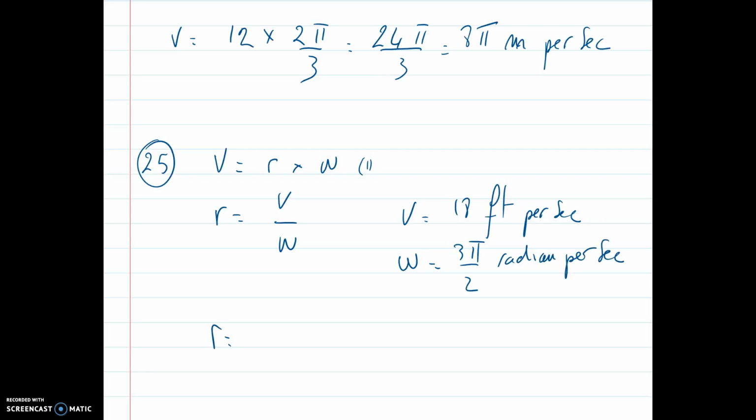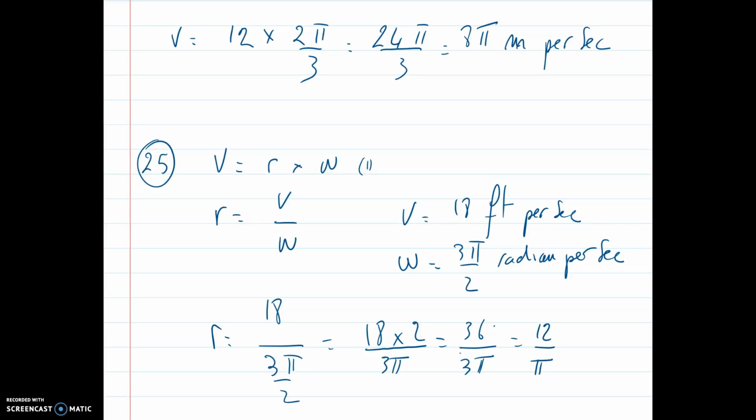So r is equal to 18 divided by 3 pi over 2, which corresponds to 18 multiplied by 2 over 3 pi, which is 36 over 3 pi. 36 divided by 3 is 12, so I end up with a radius equal to 12 over pi for problem number 25, and obviously in meters because we're talking about the radius.